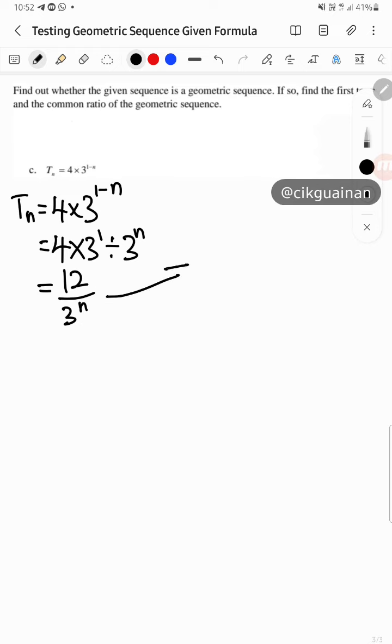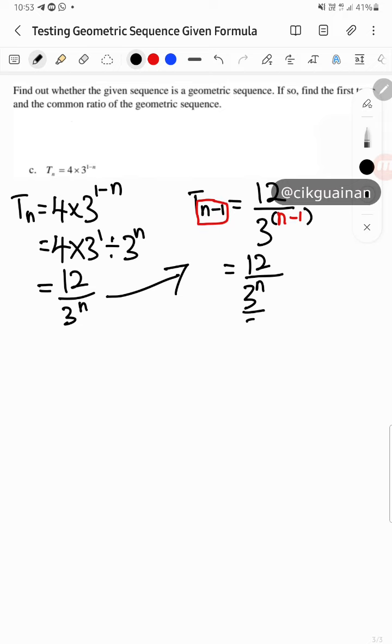And then we are going to generate Tn minus 1. So what I'm going to do is 12 over 3 power of an empty bracket, and then I replace the content of the empty bracket with n minus 1. Like that, 12 over 3 power n minus 1, which is the division of 3 power 1, and this division can be put on top.